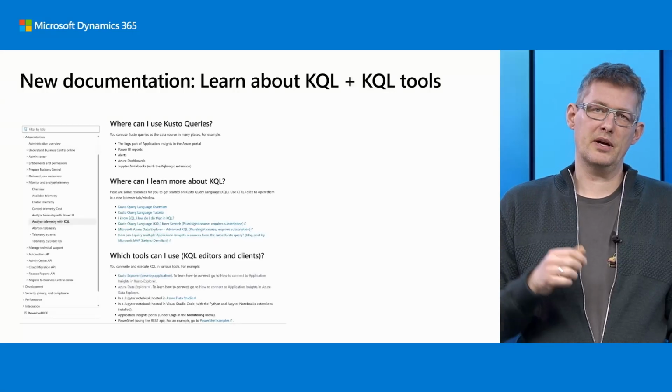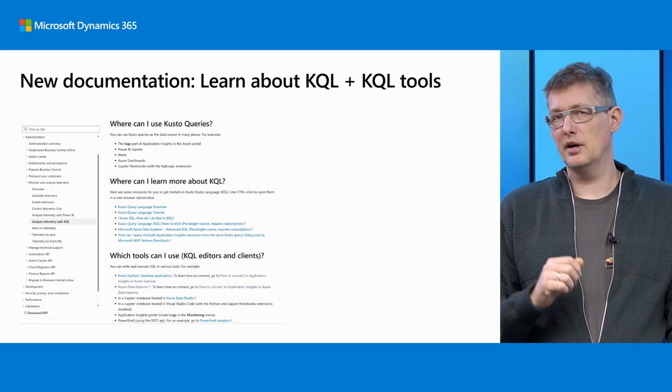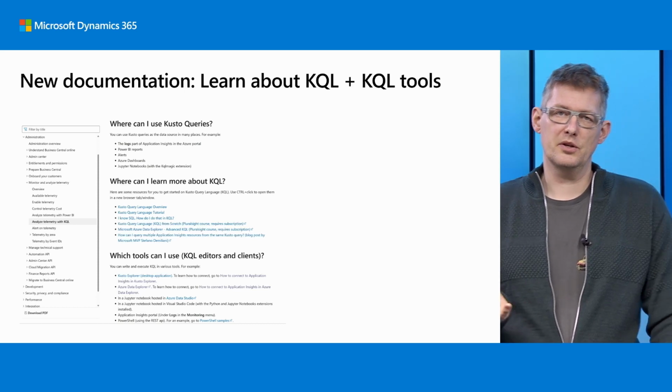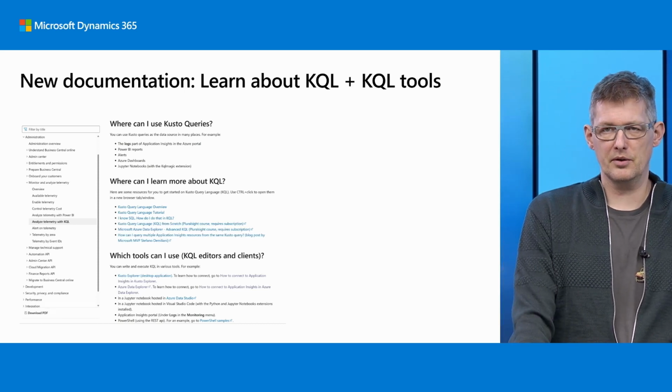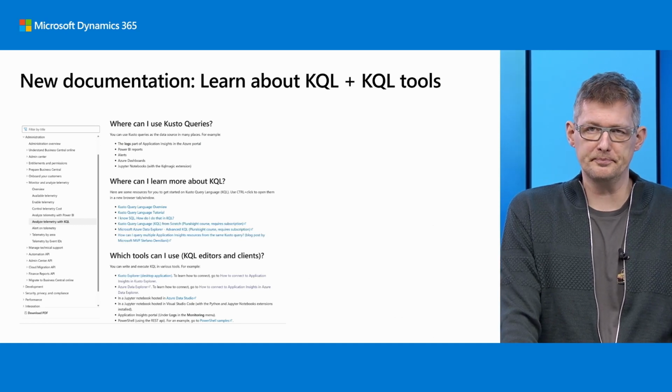And similarly, some of the guidance that was previously just on the BC Tech repo is now directly in docs. So there's also, as part of our normal documentation, how you learn more about KQL and different tools so that you could be more productive with telemetry. So this is embedded directly into our documentation now.